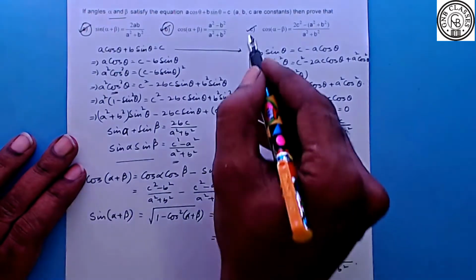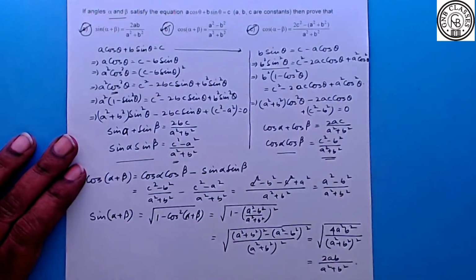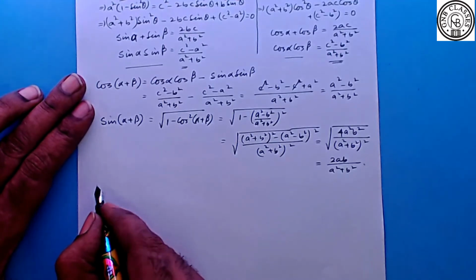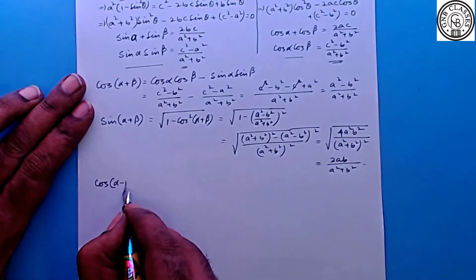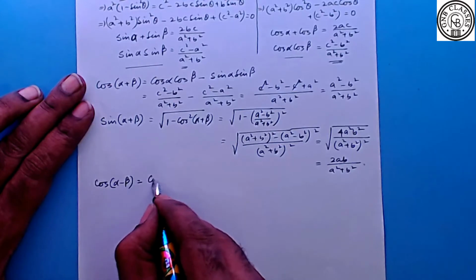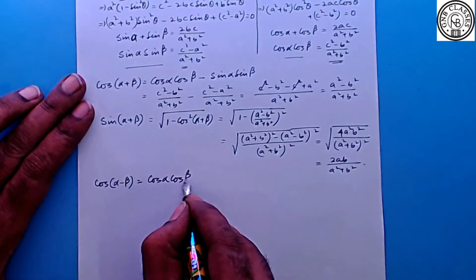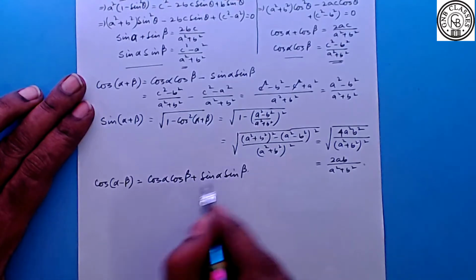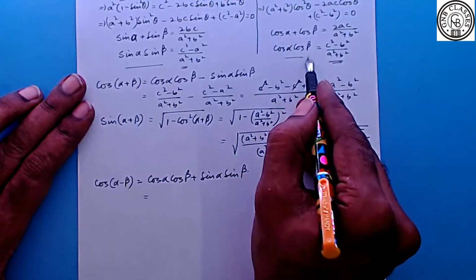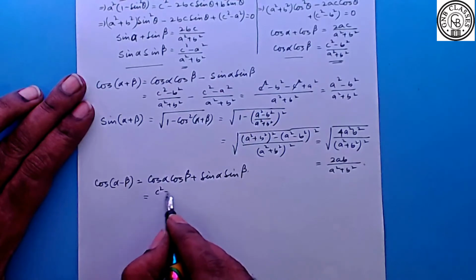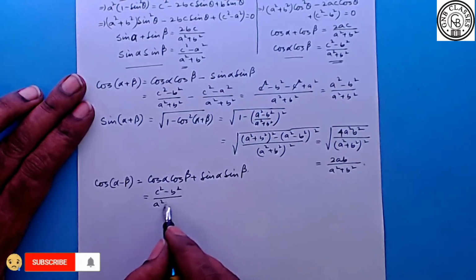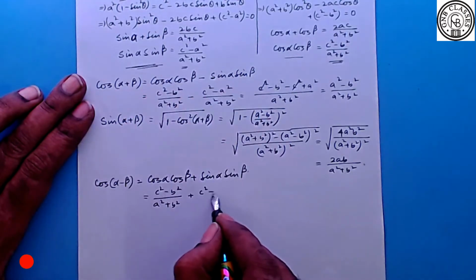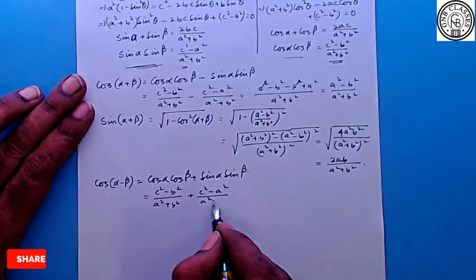Okay. Now we have to prove that cos(α − β) is this. No problem. cos(α − β) is what? cos(α − β) is basically cos α cos β + sin α sin β. Now simply replace the values. cos α cos β is (c² − b²) by (a² + b²), and sin α sin β is (c² − a²) by (a² + b²).